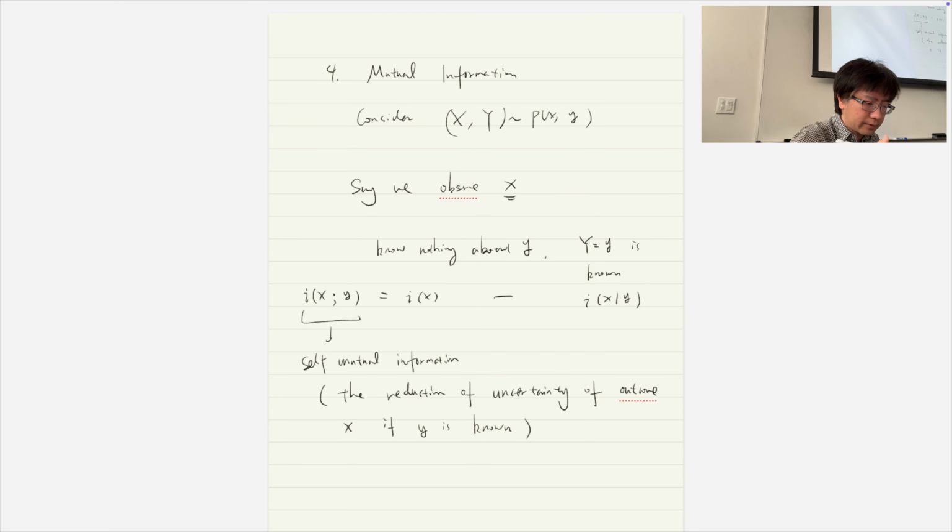Now let's write down the formula carefully. So I of x, be careful here, we need to use lowercase. That's i(x) minus i(x given y). Let's plug in the definition: minus log 2 of 1 over p(x given y). Again, we use Bayes' rule to expand p(x given y).